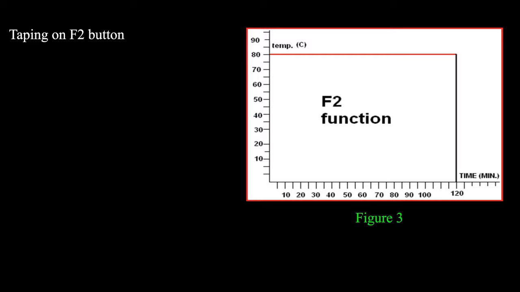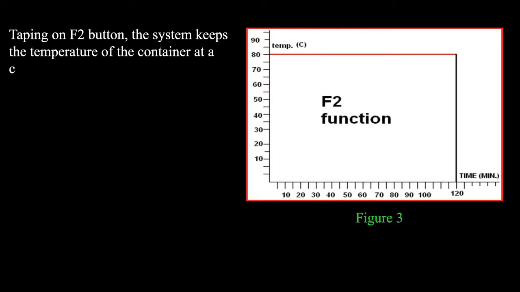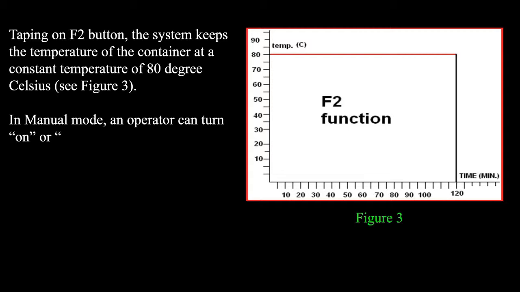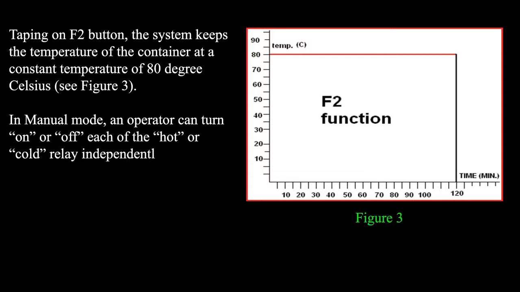Tapping on the F2 button, the system keeps the temperature of the container at a constant 80 degrees Celsius, see figure 3. In manual mode, an operator can turn on or off each of the hot or cold relays independently and view the PV temperature value on the HMI device.